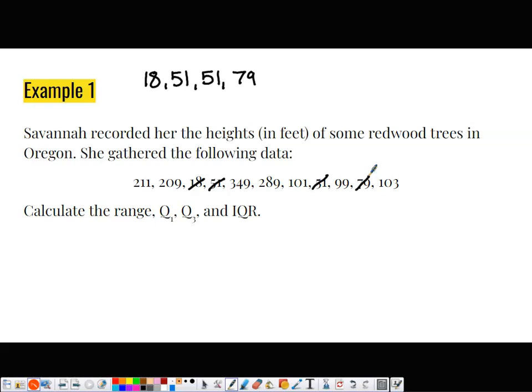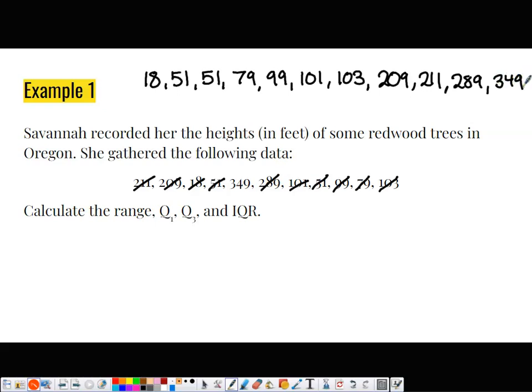Then I see 99, 101, 103, 209, 211, 289, and 349.